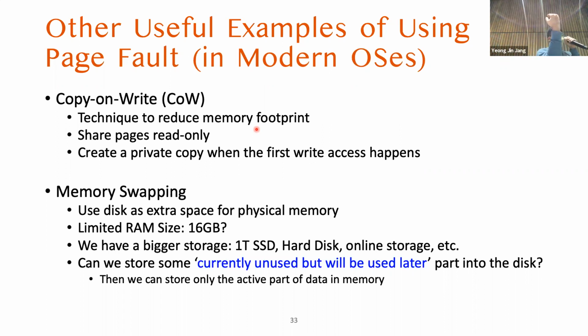That means you need to allocate 80-something megabytes for the Chrome program, then 80-something megabytes for the new tab too. How many tabs do you open on a regular day? Maybe you are discreet with computers, but I'm a crazy guy, so sometimes I open 300 tabs or something. That means 300 multiplied by 80-something megabytes.